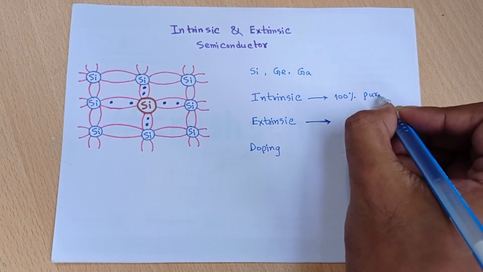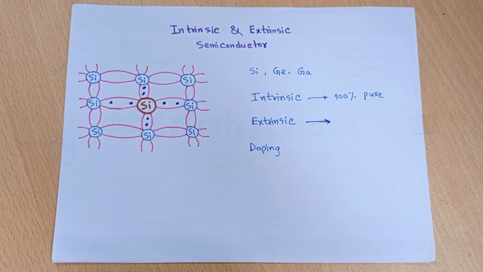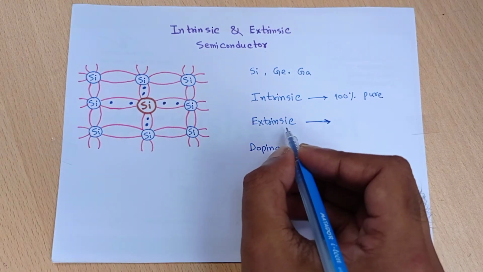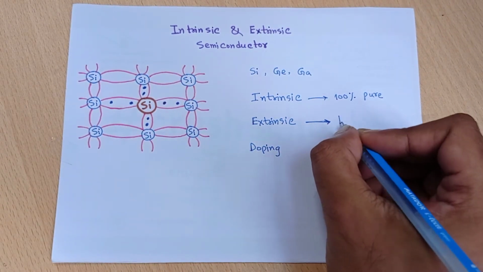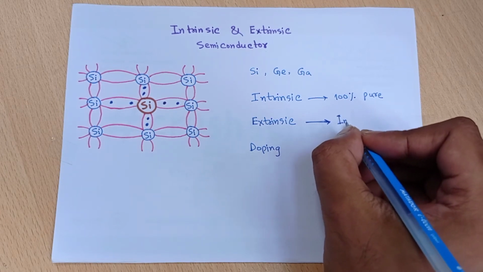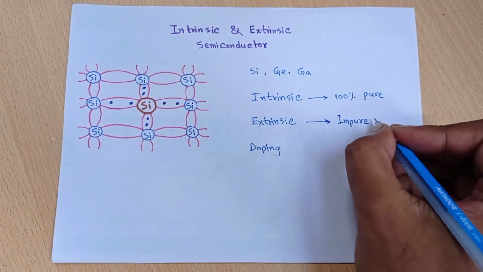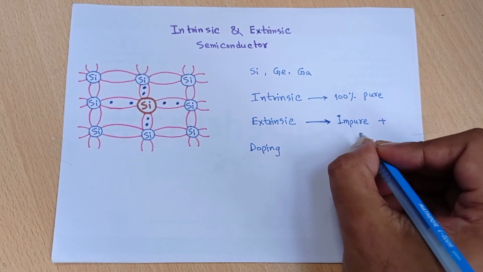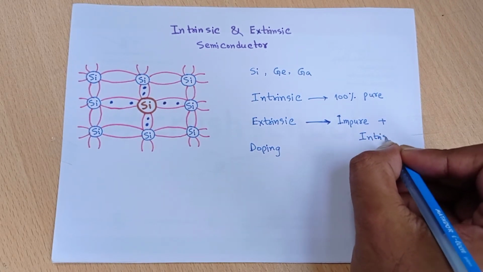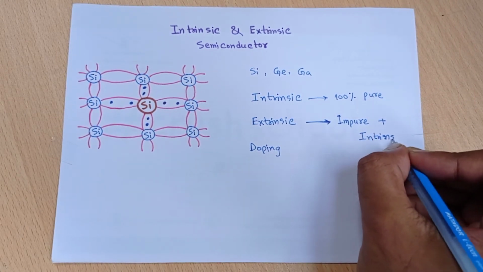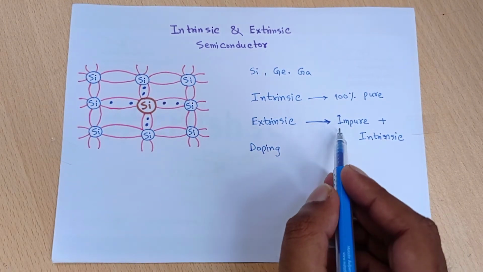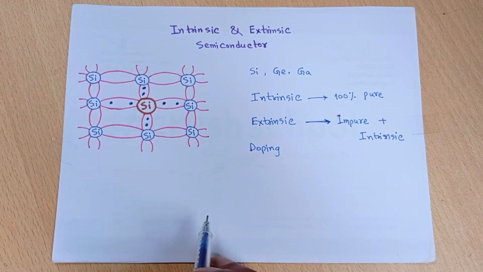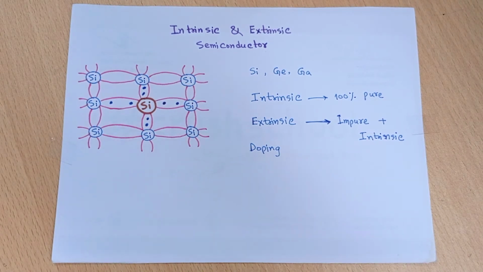So we get the intrinsic semiconductor from our periodic table, but if we want to get the extrinsic semiconductor, then we can add some impure material to the intrinsic semiconductor. When we add some impure material to the intrinsic semiconductor, this is called our extrinsic semiconductor.